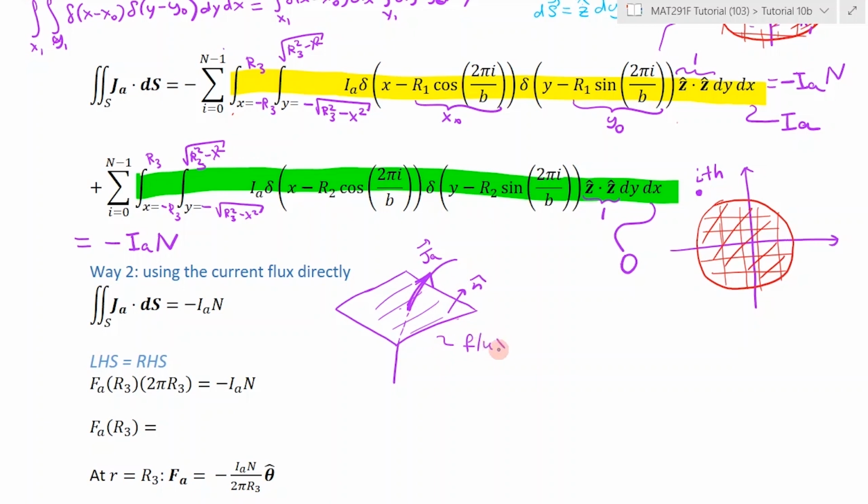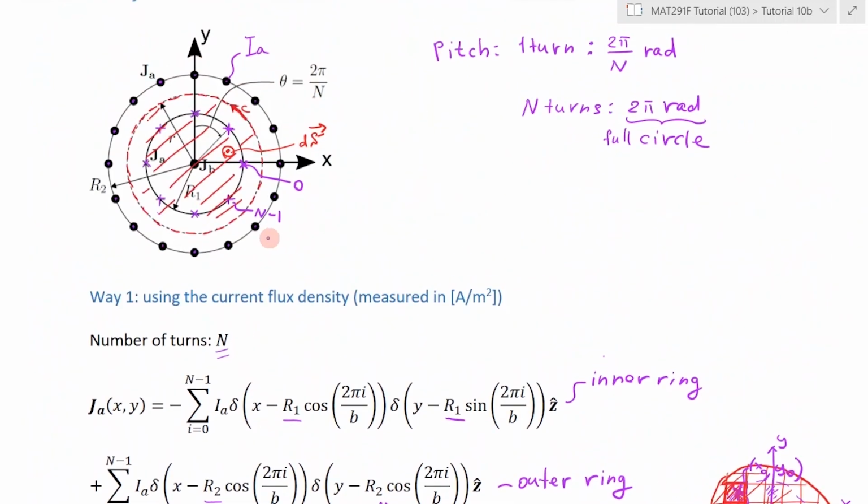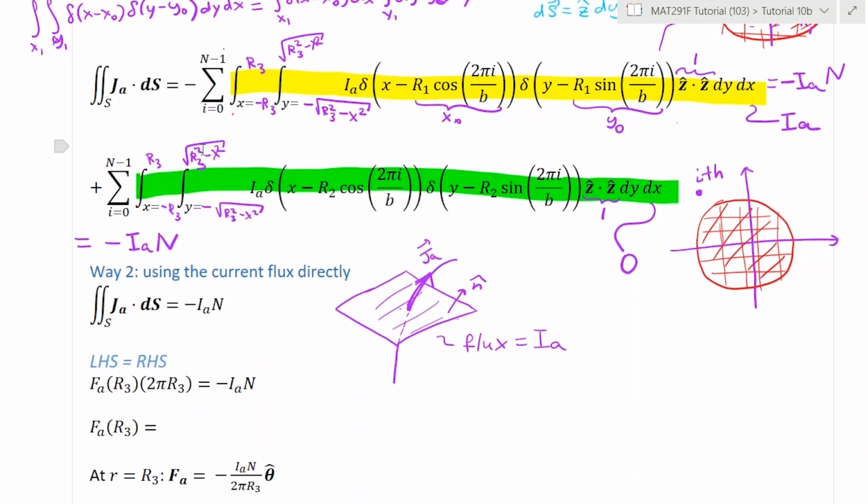then we're going to get flux equal to IA. So what do we have for the actual flux we're calculating? We have a surface that has the wire piercing it n times. That's why I have this factor of n here. I have the value of the flux, but I also have this negative sign.